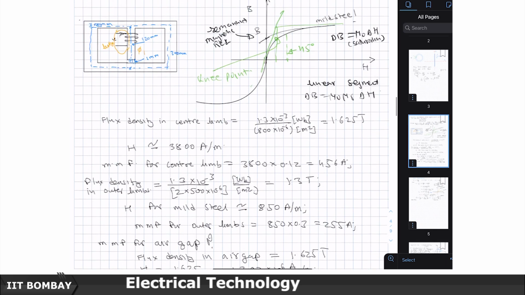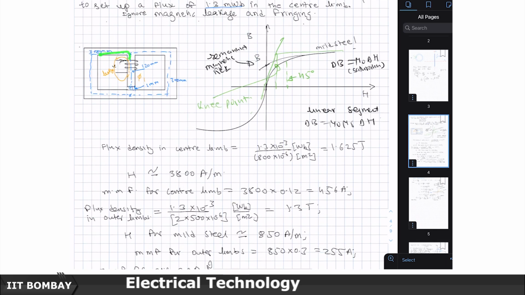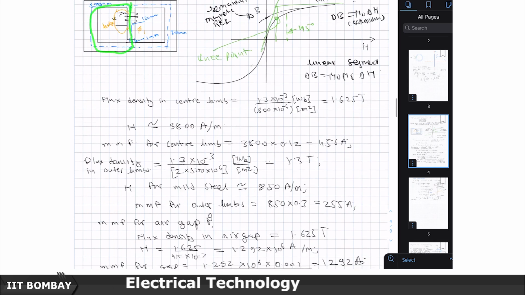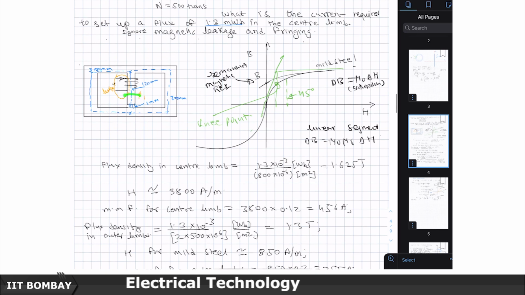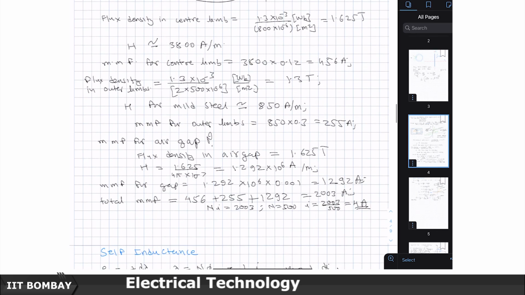So, finally, to close this loop, I have to cross through the air gap and reach the central limb again. When I try to cross through the air gap, the flux density in the air gap is the same as the central limb, which is 1.625.